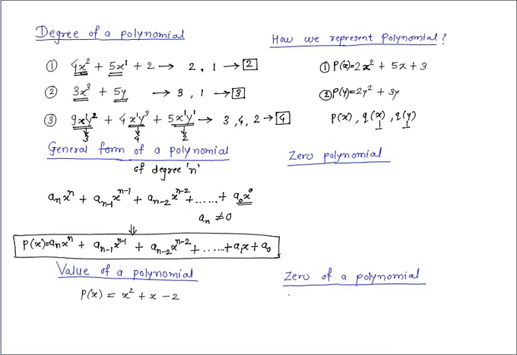Now, if all these coefficients are 0, then all the terms in the polynomial become 0. So what will be the polynomial? p of x equals 0.